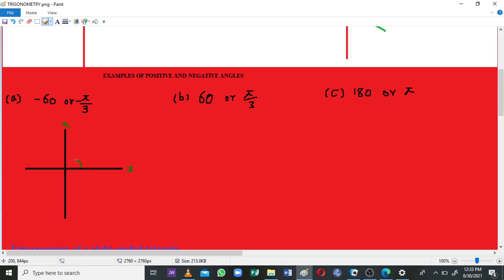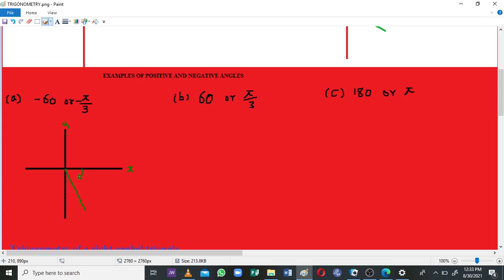We can't measure this angle going in this direction, that is, in an anti-clockwise direction. Because it is a negative angle, we are going to measure it from the positive x-axis in a clockwise direction. So this angle, negative 60, just to estimate, can be here.